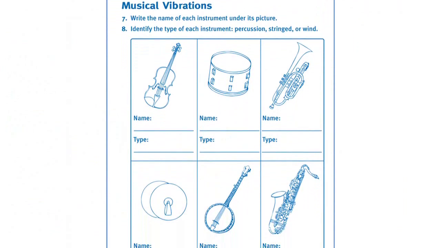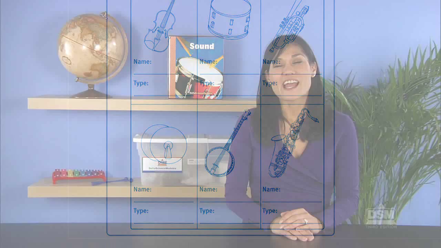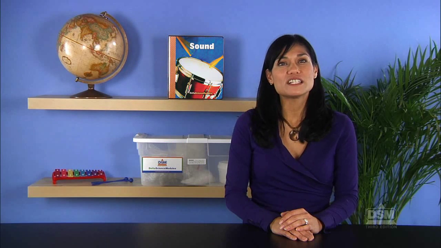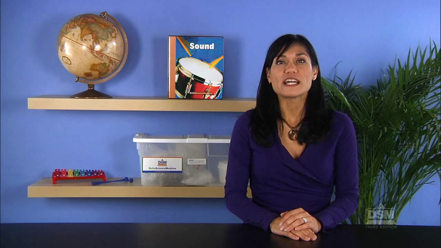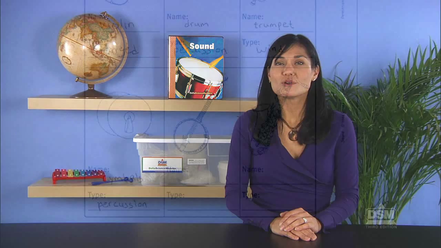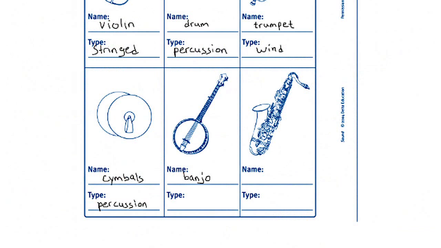Finally, give each student a copy of Activity Sheet 6, Part B. As a class, invite volunteers to identify each instrument by name. Then, instruct students to identify each pictured instrument as percussion, stringed, or wind. As you discuss each instrument and how it is played, give students time to fill in their activity sheets.